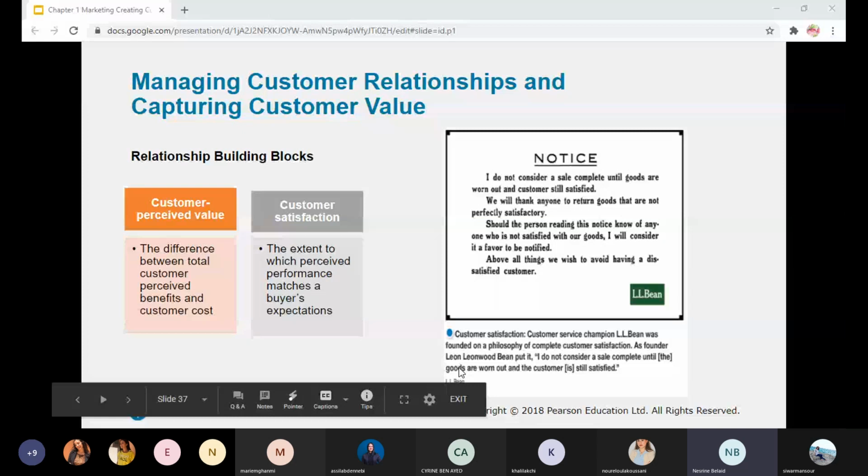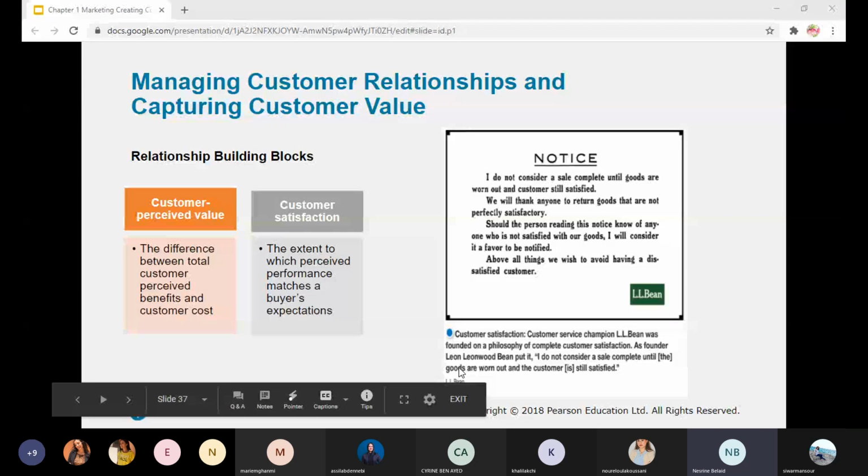So customer satisfaction depends on the product's perceived performance relative to a buyer's expectations. Okay, so when you buy something, you always have expectations. You think that this product will satisfy my needs to a high degree, let's say, or a medium degree.